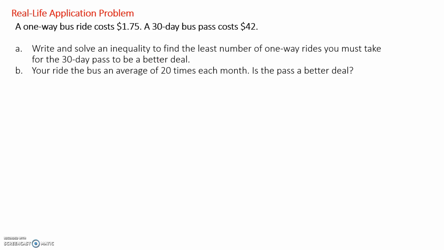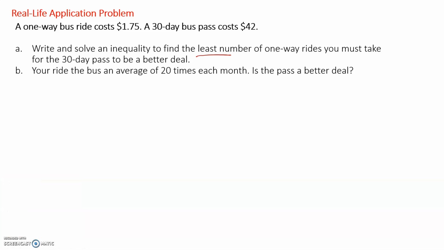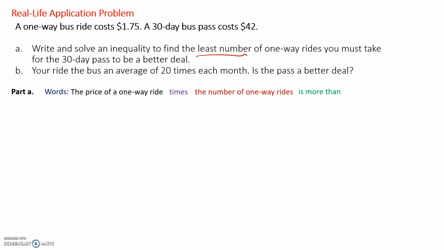So I'm going to write and solve an inequality to find the least number of one-way rides. That word "least" is my keyword for my inequality symbol. I'm going to write in words: the price of a one-way ride times the number of one-way rides is more than $42.